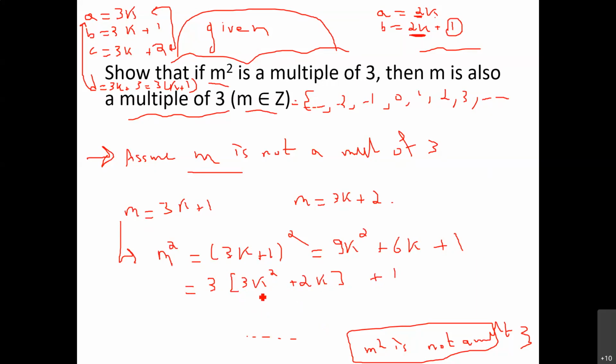Remember, this is m squared we're talking about. So again, since k belongs to Z, then the multiplication, the sum, it's all also going to be in Z. So we reached that m squared is of the format, let's say 3s plus 1, such that s equals this thing.